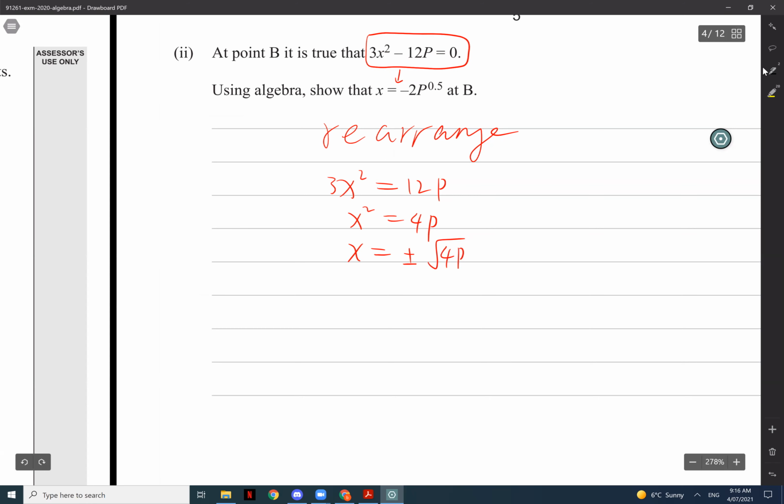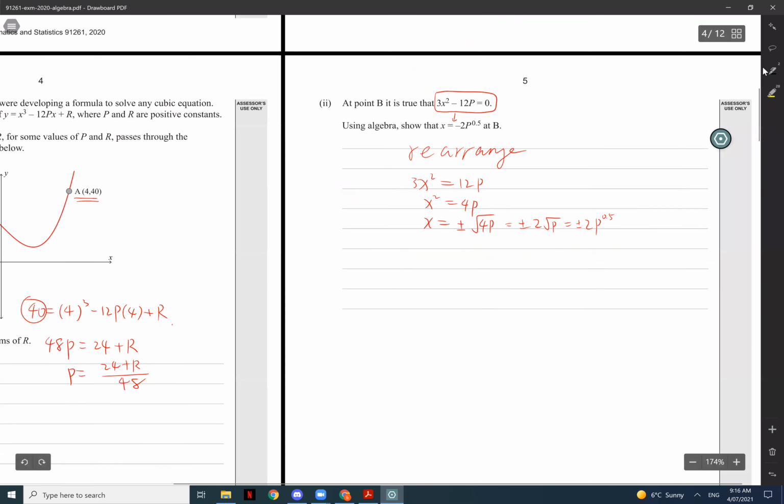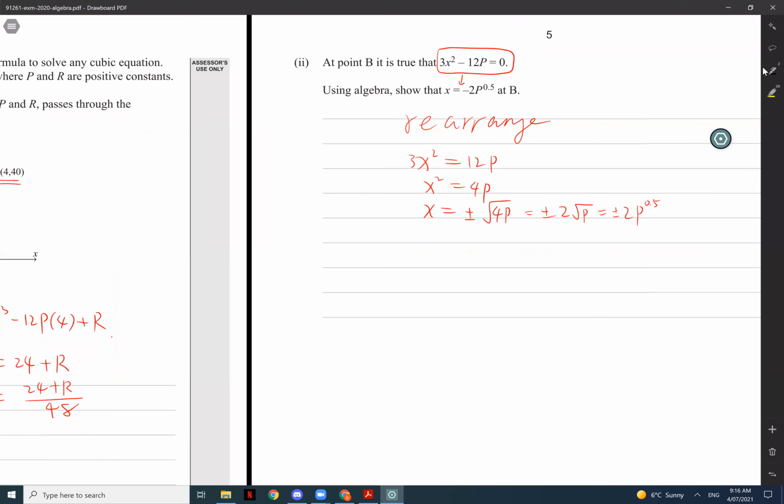But root 4 is just 2, so 2 root p. Revising algebra. Root p means p to the power 0.5. That's the idea. Just algebra practice.